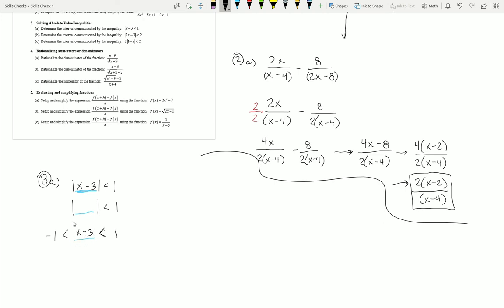I need the thing that was on the inside of the absolute value bars to be a number between these bounds. And so by simply solving this inequality by adding 3 to each of the sides, I can see that I am going to need x to be a value from 2 to 4. Or I could write that as the interval 2 to 4 using parentheses.